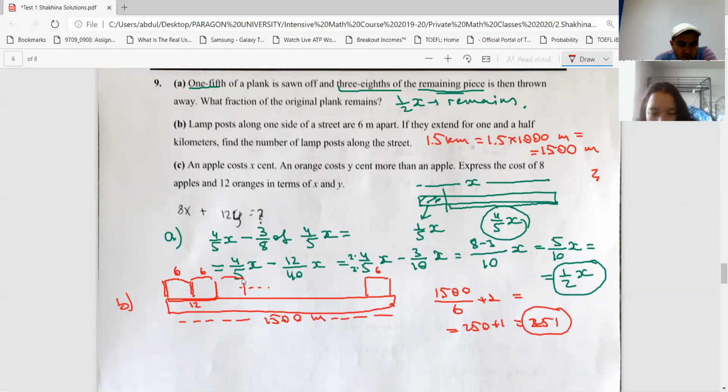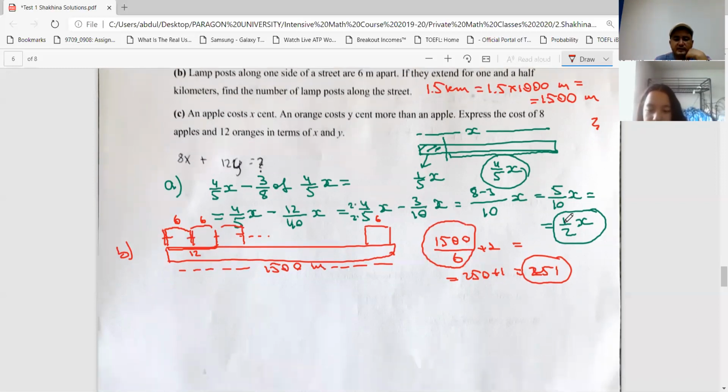If I add 1 more, how many intervals do we have? 1, 2, 3. When it is 3 intervals, how many posts? 1, 2, 3, 4. Right? So this division gives us the number of intervals, and we just need to add 1. That's why I'm adding 1 here. So how many? 251 lamp posts.